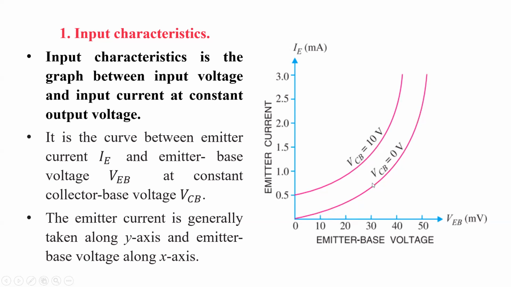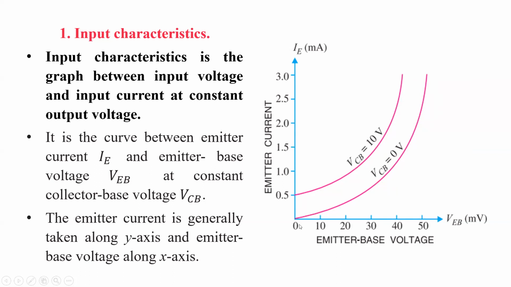Suddenly there is an increase in the current when you reach above 30 volt. Up to 30 volt, there is a linear variation, then it will increase suddenly. A parallel curve is obtained for another value of VCB, that is 10 volt. What happens when output voltage increases? The variation of emitter current starts at a higher value.